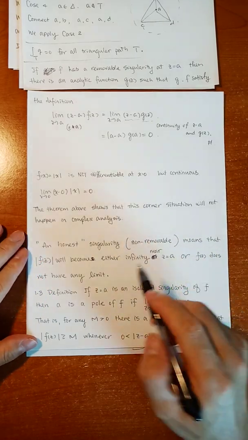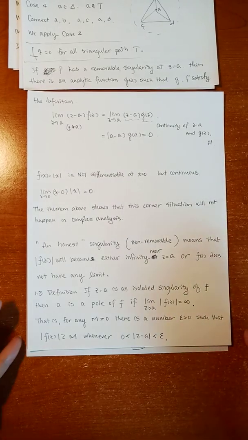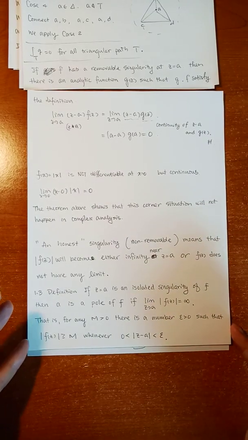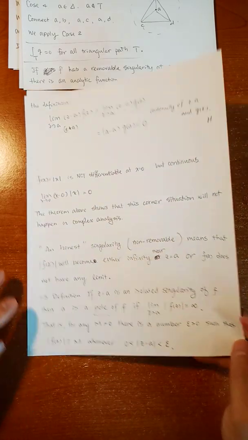Okay, so that's the case when the absolute value of f of z becomes infinity. This is a pole. It's called a pole if it goes to infinity.